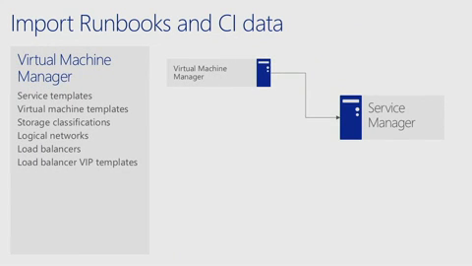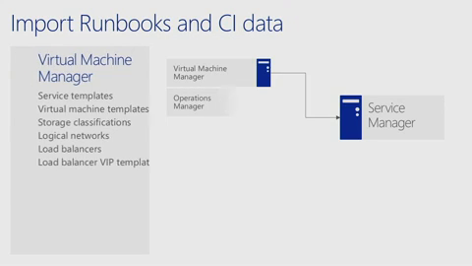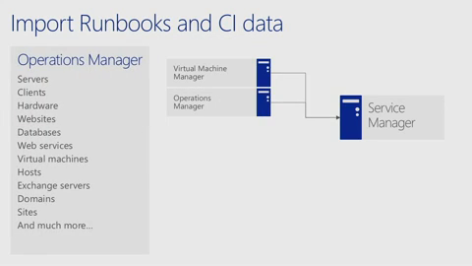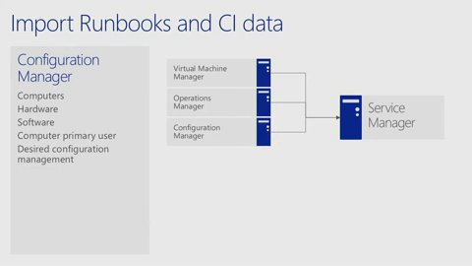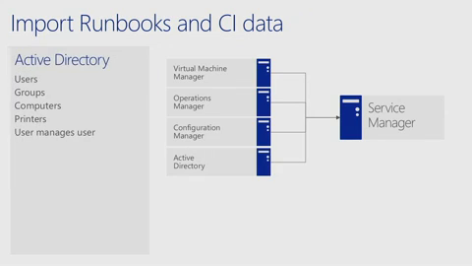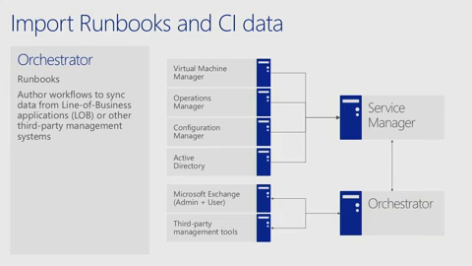So we're integrating all of these System Center components, VMM into Service Manager, Ops Manager into Service Manager, which is pulling all of the information about servers, clients, hardware, everything Ops Manager knows into Service Manager. Config Manager, all of the collection about client stuff, primary users, software that's on laptops and desktops. AD, users, groups, computers, preset parameters, printers, whatever it may be.